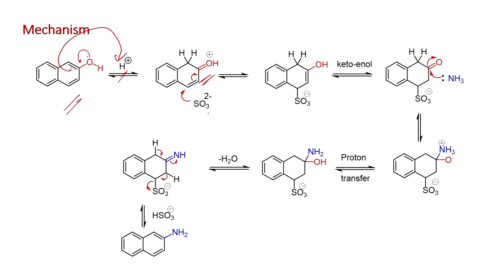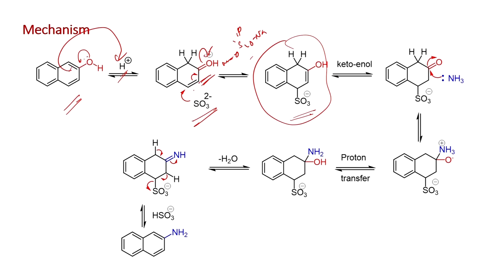Once you form this one, now you have the sodium sulfite, which can undergo reaction as shown here, an addition reaction, and you will be able to have this intermediate. Once you have this one, this can convert into keto form by isomerization.